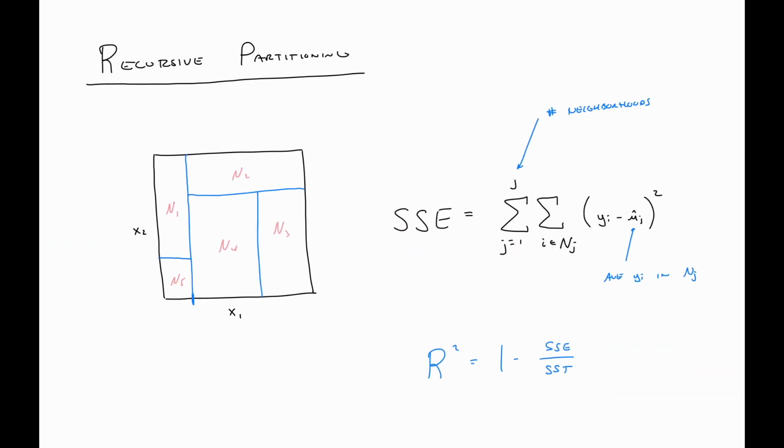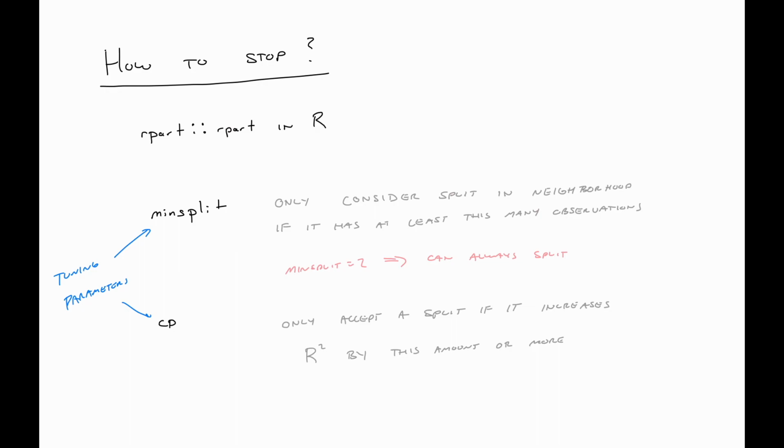The other one is this parameter called CP, which they call the complexity parameter. The default is either 0.1 or 0.01. I honestly don't remember, but we'll find that out when we get to R. But that's not the point.